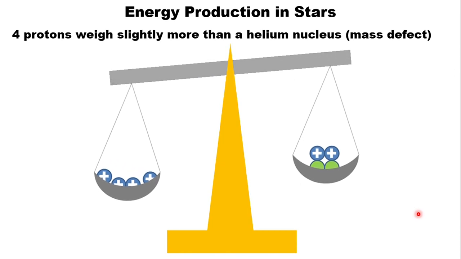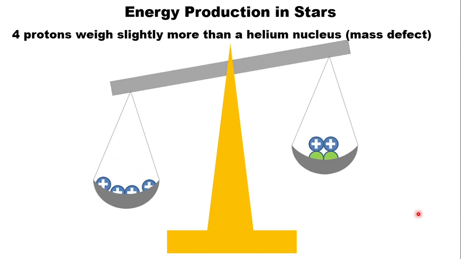But in fact, the four protons that you started with weigh slightly more than the resulting helium nucleus. Some of the matter of the original protons seems to have disappeared as what we call the mass defect. It's a very, very small difference, about 0.7% of the mass of each nucleus seems to disappear.